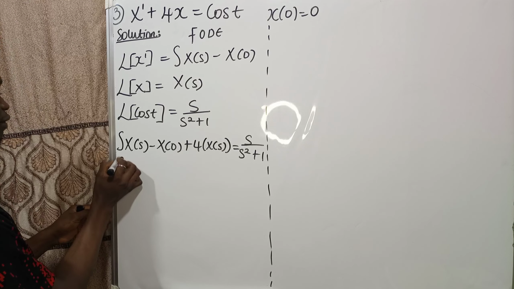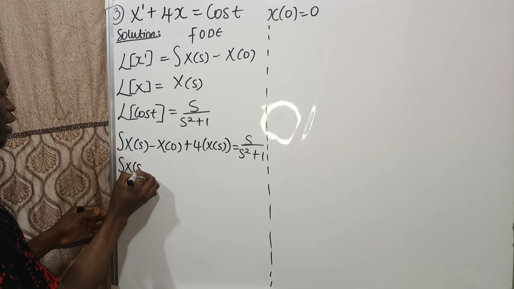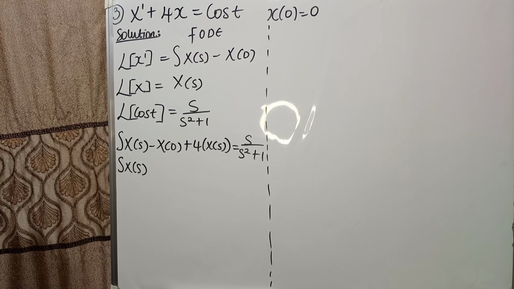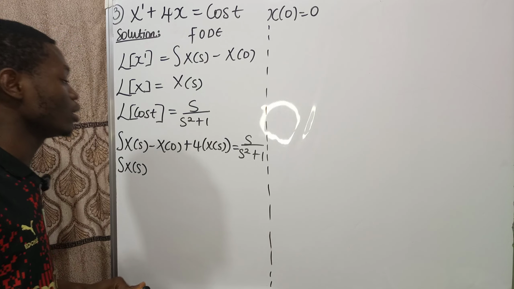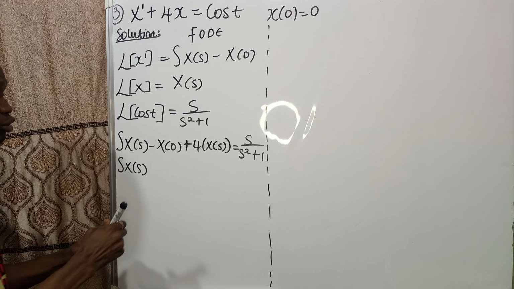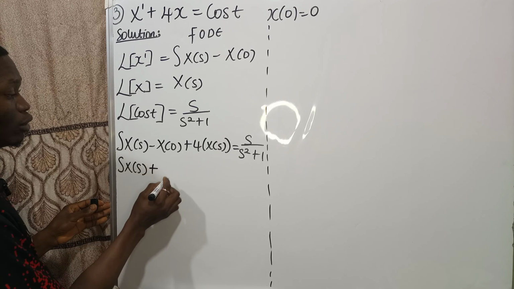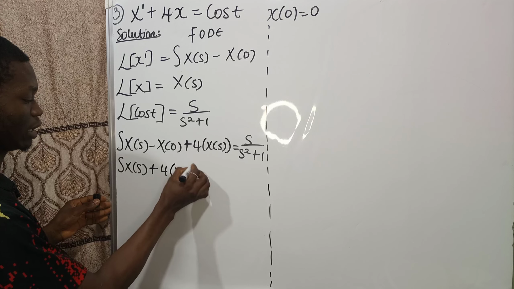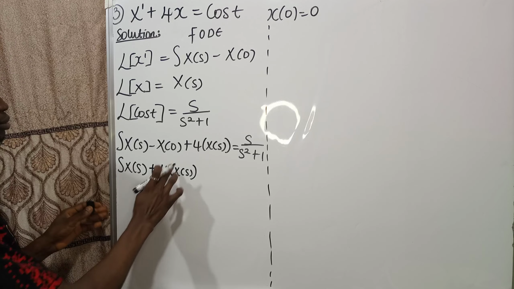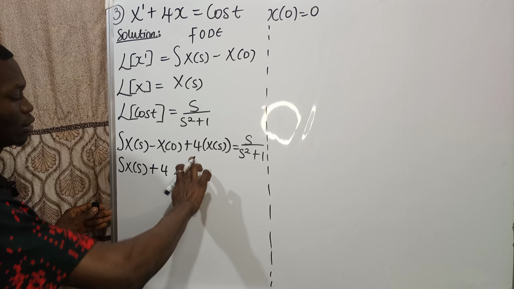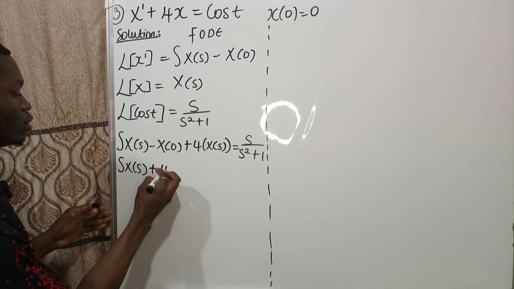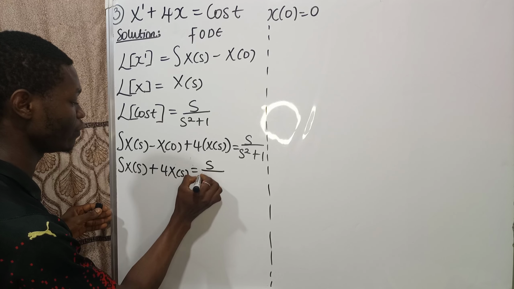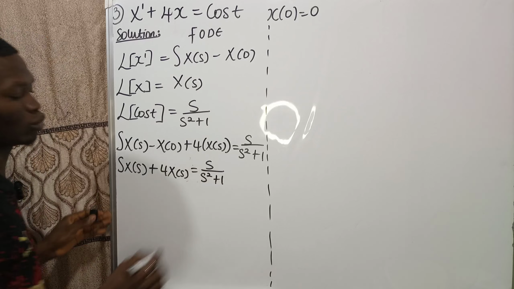So we are going to have s X of s, then this one is 0. Opening this will give us plus 4 X of s, equals s all over s squared plus 1.